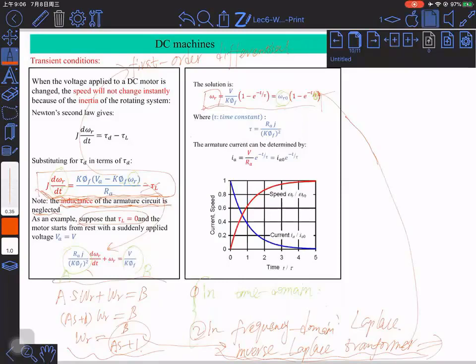Just now we were looking at the speed of the motor, and we figured out the solution to its first order differential equation. Then what about the current? What is the armature current? Think about this.